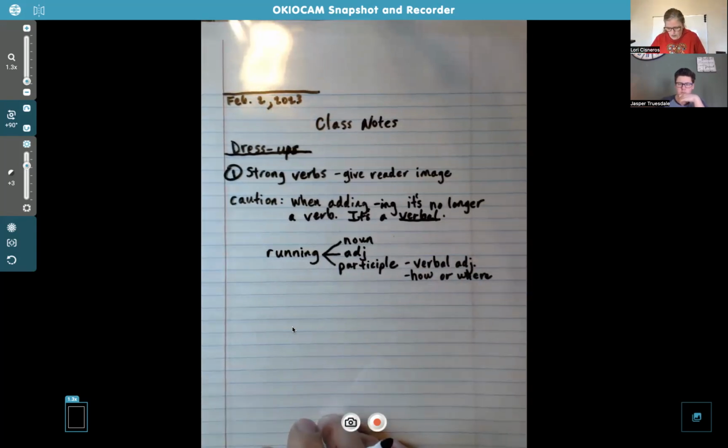So here's an example. Running down the street, the dog chased the mailman. If I say running down the street, it's telling where, but the verb in that sentence is actually chased. Here's another example.